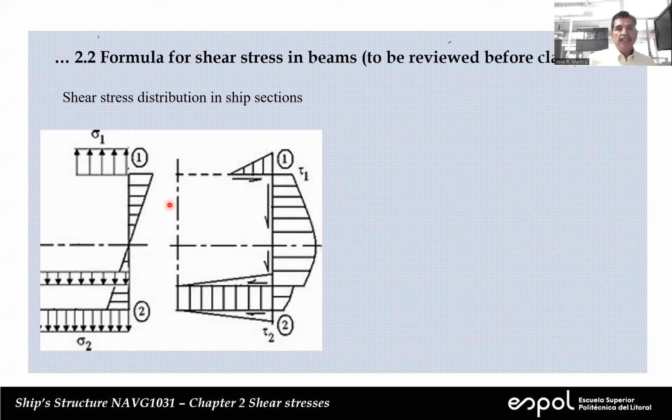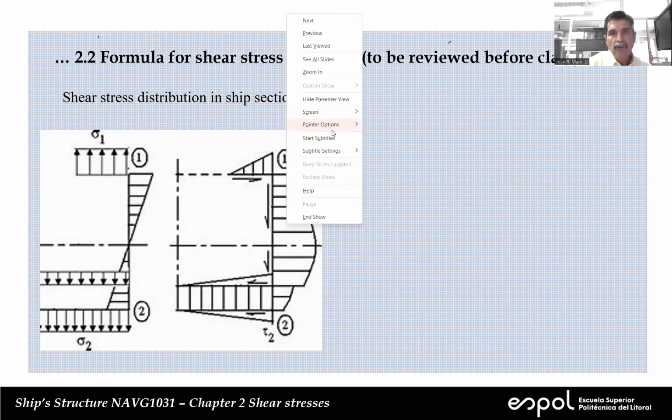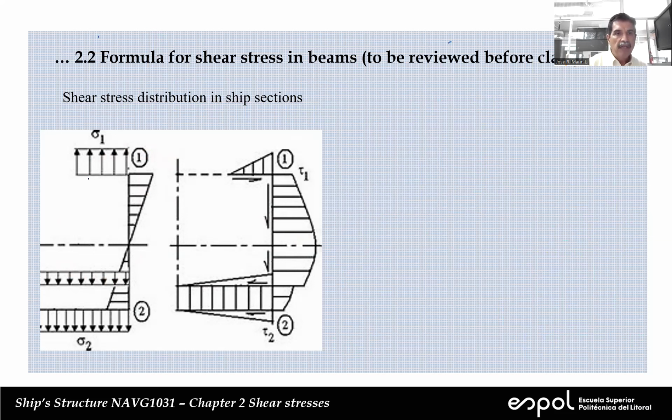So the next point this morning is the distribution of the shear stress in a real ship section. You can look it up in the literature. There are many of these diagrams. So here I have this.